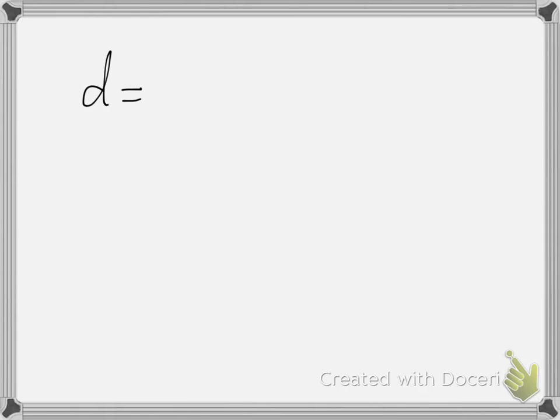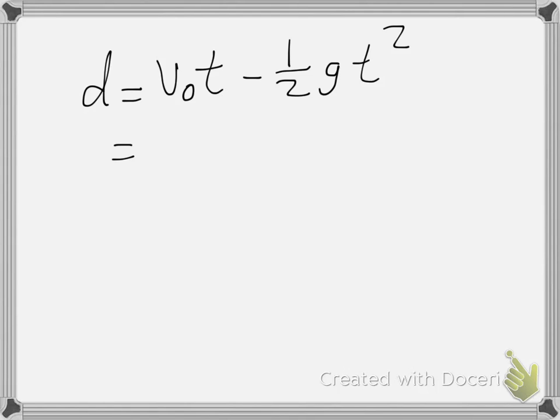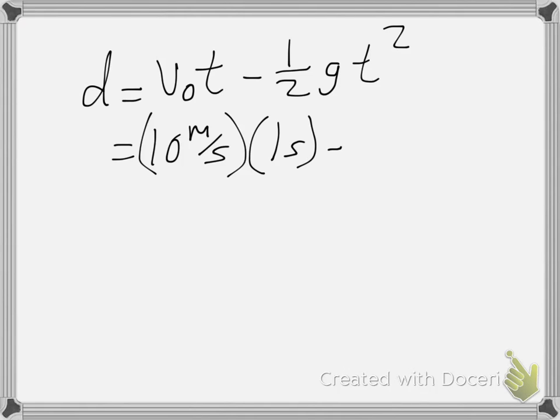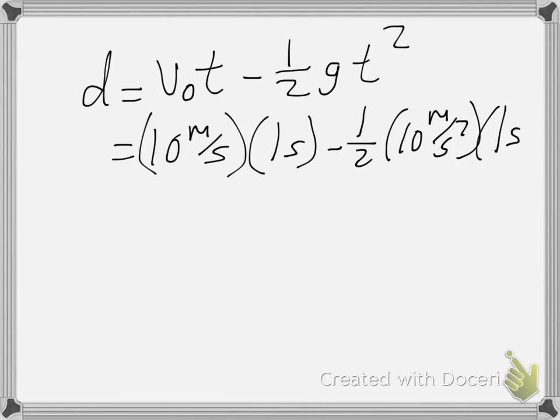So distance is going to equal v naught t minus 1/2 gt squared, which is going to be 10 meters per second times 1 second, minus 1/2 times 10 meters per second squared times 1 second's quantity squared.